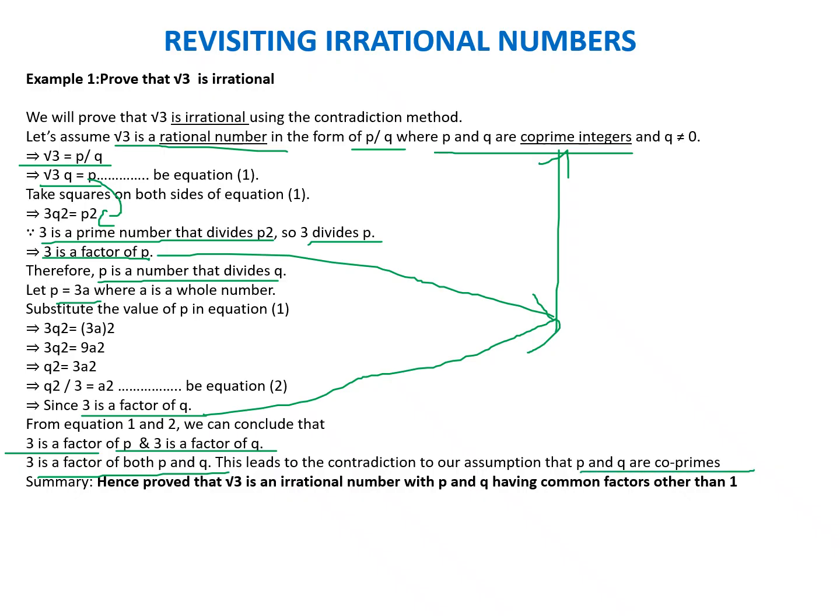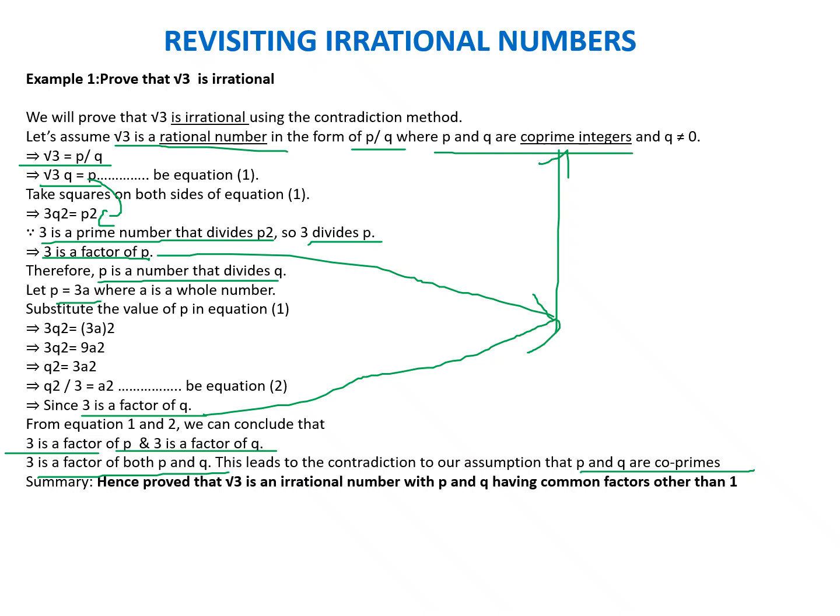So whenever we get these kinds of questions wherein we have to prove a number to be irrational, we have to go with the contradiction method. We first assume that the number is a rational number, and then we show that our assumption is wrong by proving that the number has more than one common factor, which contradicts the fact that it is a rational number, because in a rational number p by q, the only common factor is one.